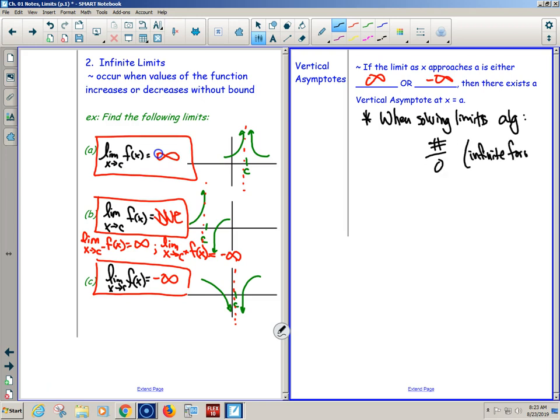Wait, I thought over 0 you keep going and you factor or multiply by a conjugate or simplify the complex fraction. Oh, it's not number over 0. Keep going goes with 0 over 0. Number over 0 is different. So be careful, just because it's over 0 doesn't mean we keep going, or doesn't mean it's a vertical asymptote.